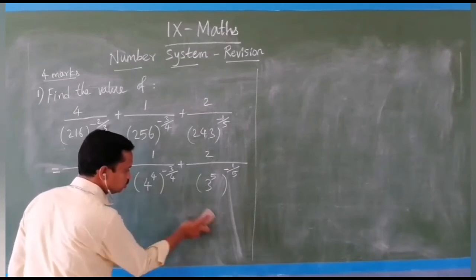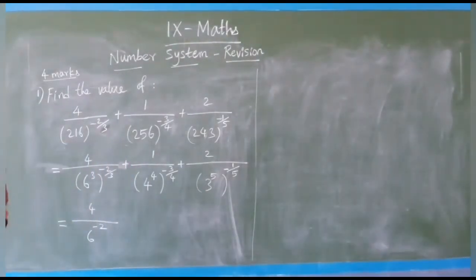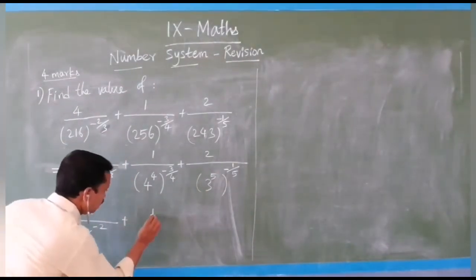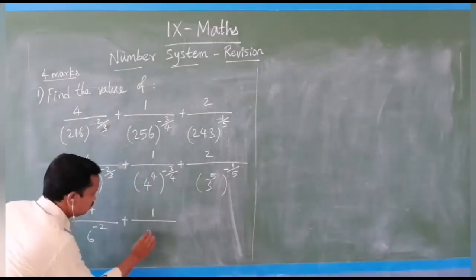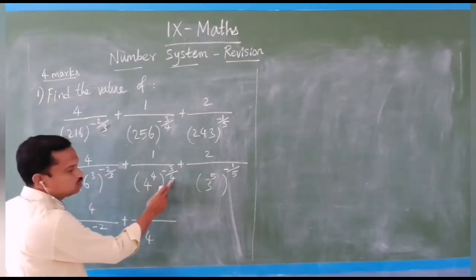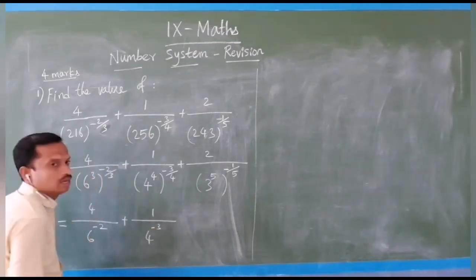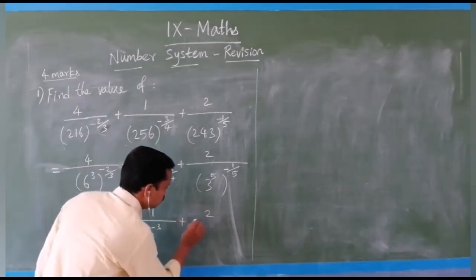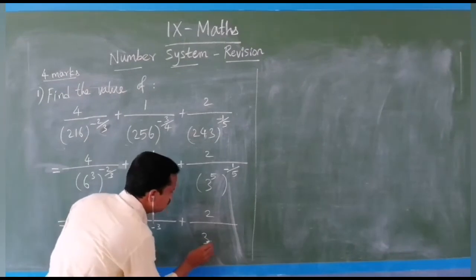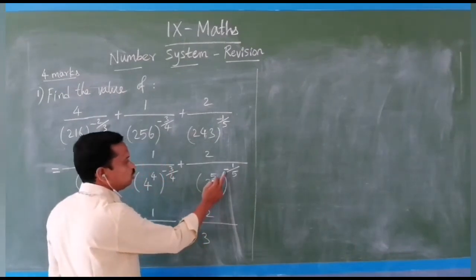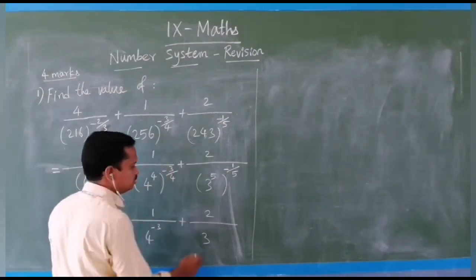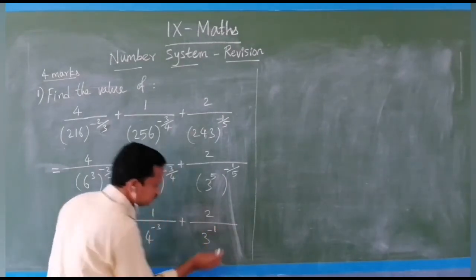The other sums you also have to do in the same way. Plus 1 by 4 to the power 4, and the denominator 4 gets cancelled, and you get minus 3, and then plus 2 by 3 to the power 5 into minus 1 by 5, 5 and 5 get cancelled, you get minus 1.